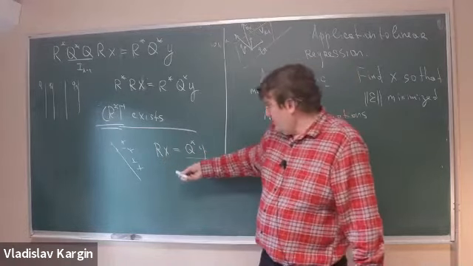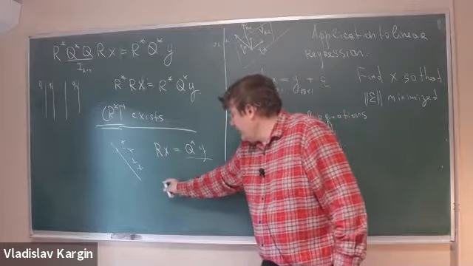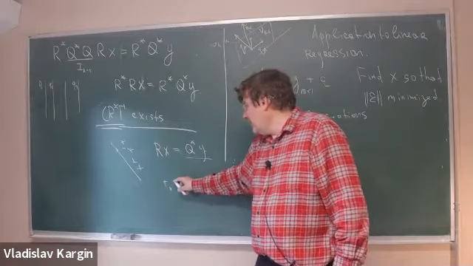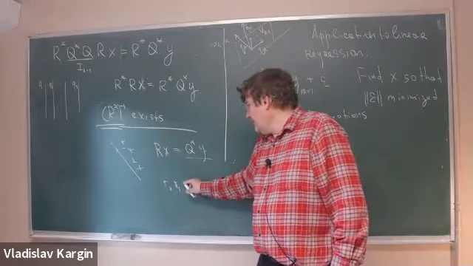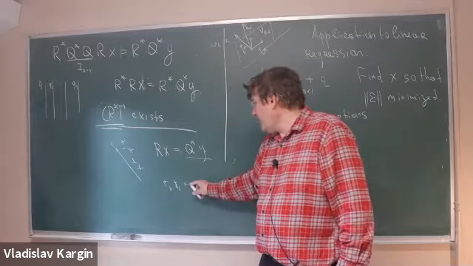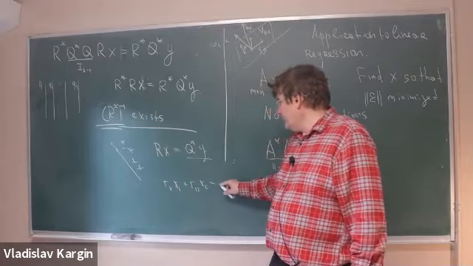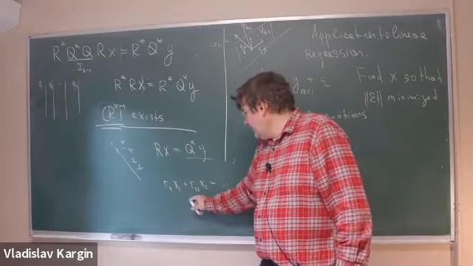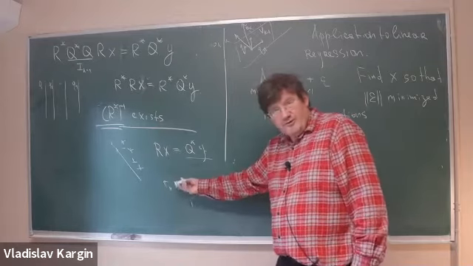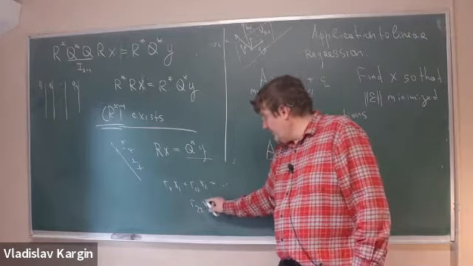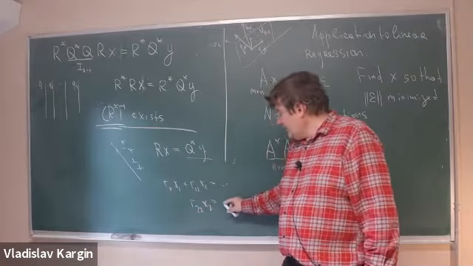Because you will have something like R11 x1 plus R12 x2 is equal to something, then R22 multiplied by x2 is equal to something. I'm illustrating the case of a 2 by 2 matrix.